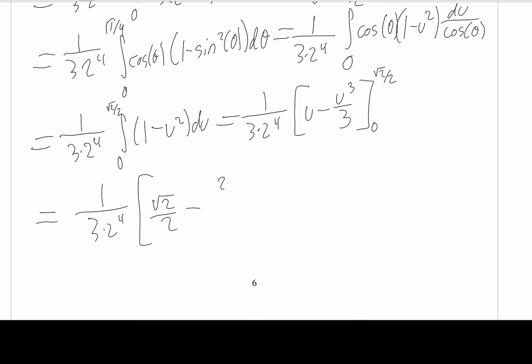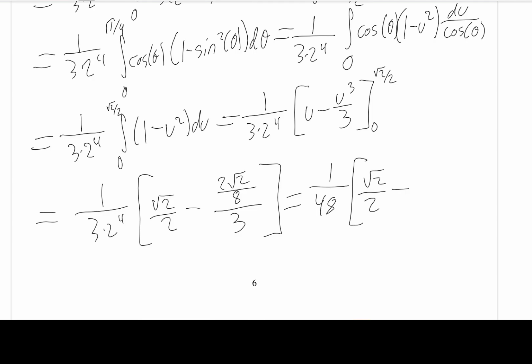So that would be 2 root 2 over 8 over 3. 2 to the 4th, that should give us 16, so this is 1 over 48 times square root 2 over 2 minus, let's see, 2 root 2 over 8, that's root 2 over 4, so this is root 2 over 12.